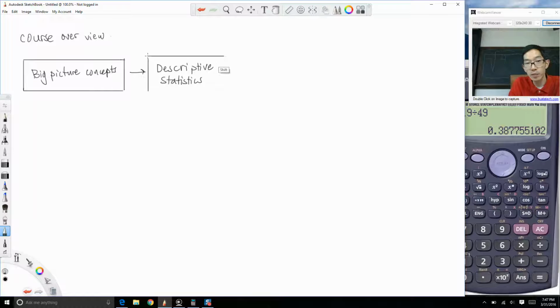In descriptive statistics, we'll learn things like summary statistics, like the mean and standard deviation, etc.